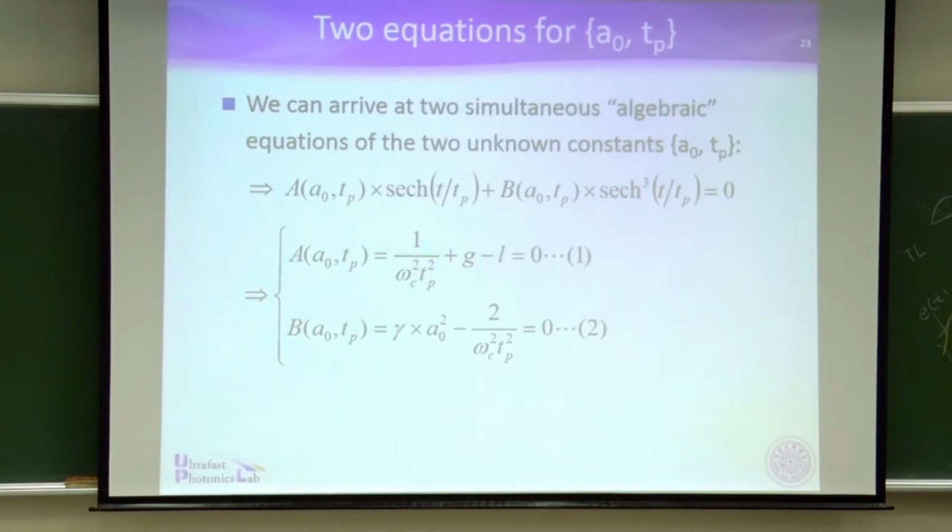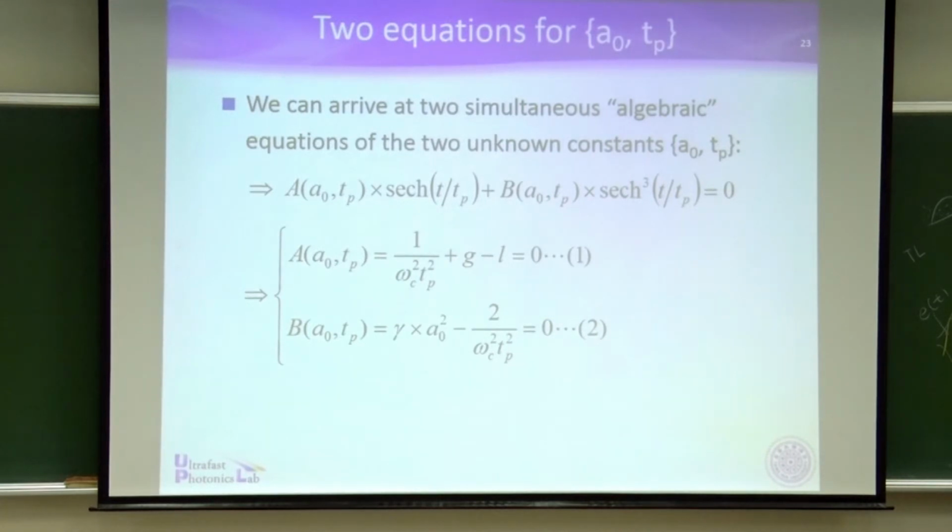Big A equals 1 over omega c squared TP squared plus G minus L. It is 0. Big B equals gamma times A0 squared minus 2 over omega c squared TP squared. It's also 0. So we have two algebraic equations. And from these two algebraic equations, we can solve the two unknowns, A0 and TP.